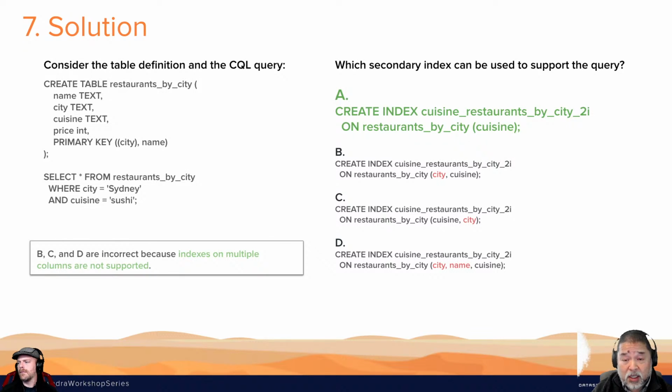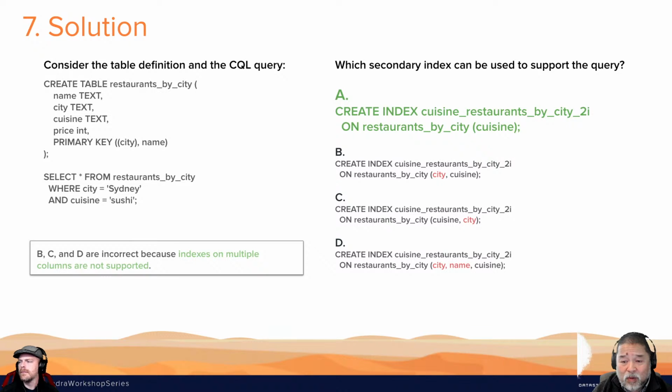In fact, it's not the first clustering column. So adding a secondary index would support this query. There are two things happening here. One, the secondary index is going to be on the column that we want to query that's not the partition key. So that would be on cuisine.